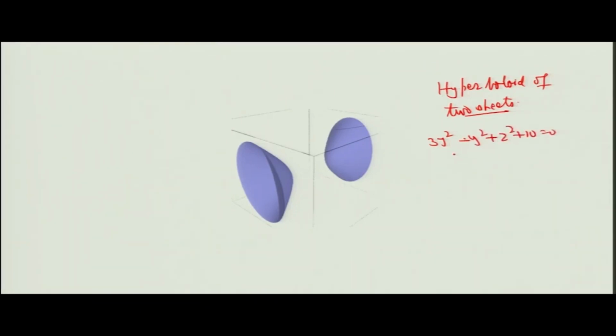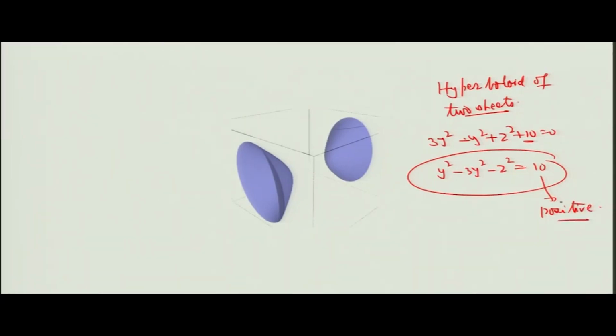So, what you are writing here, just see here, 2 sheets basically, because plus 10 I have to put that side. So, I will get negative. So, what I will get is y square minus 3x square minus z square is 10. This is what I had written. I had taken everything with respect to this being positive. So, this is positive, there are 2 of them. So, there are 2 sheets, one sheet here and one sheet here.